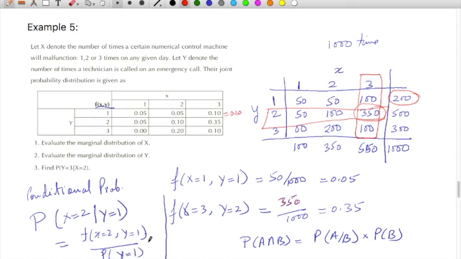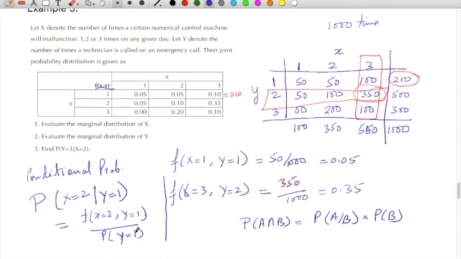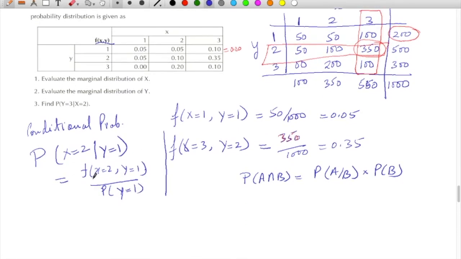So this term, the probability of 2 and 1, is 0.05, and the probability of getting y is 1 is 0.2. So this probability will be 1 by 4.